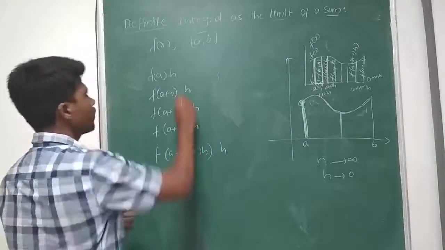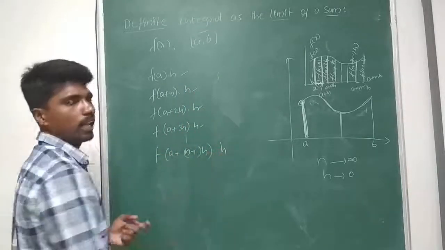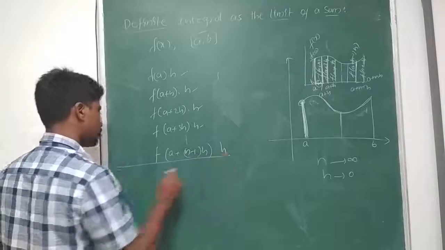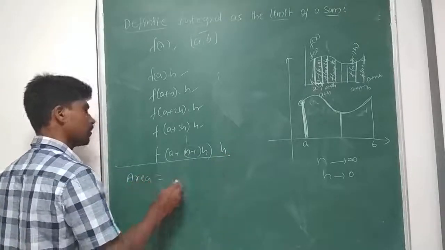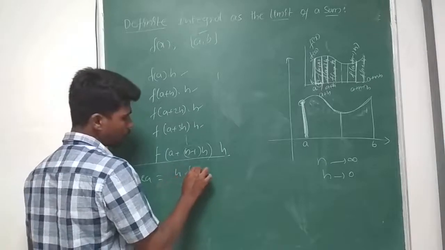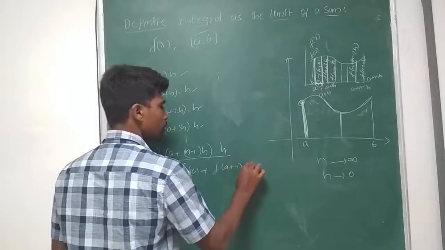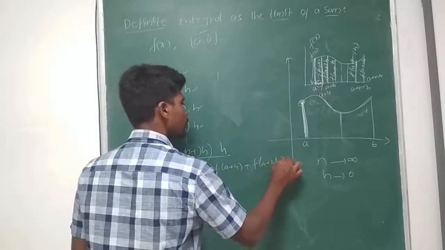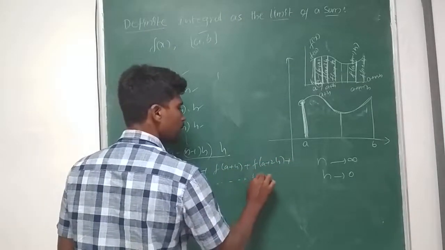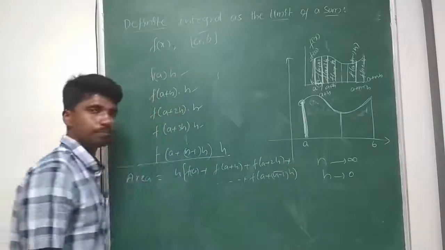So this gives the area of the first rectangle, second rectangle, third, fourth, and so on, the last rectangle. If I add all these, I get the area of the given portion, which is equal to h into f of a plus f of a plus h plus f of a plus 2h plus and so on, f of a plus n minus 1 into h.